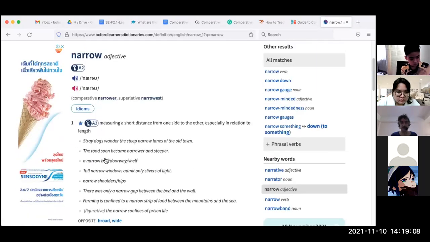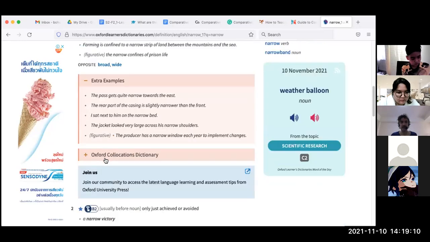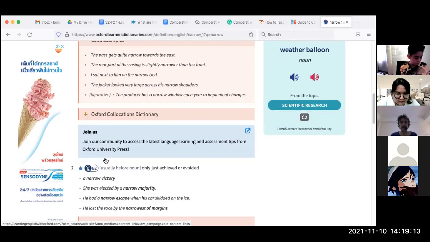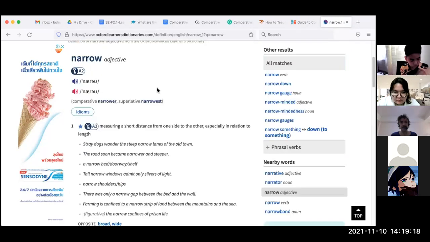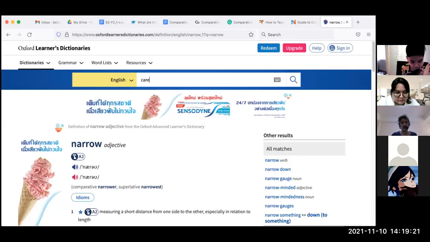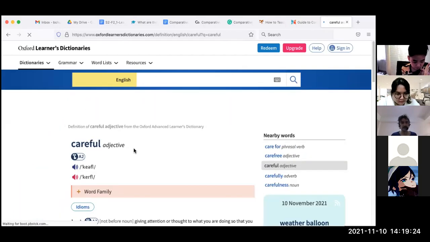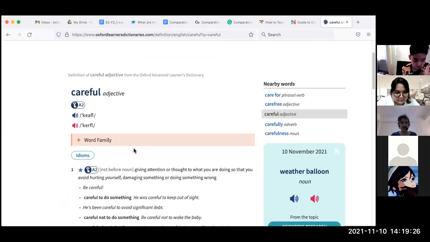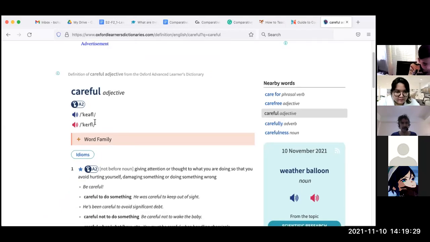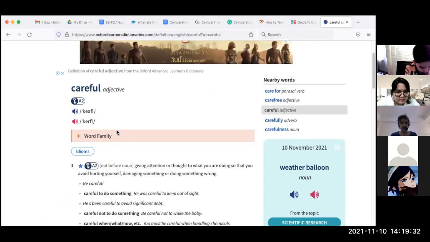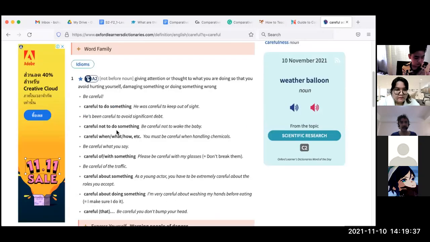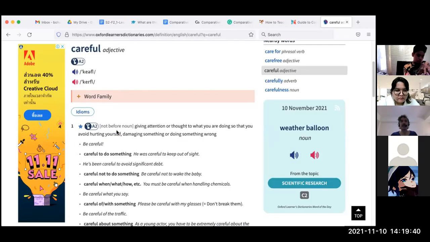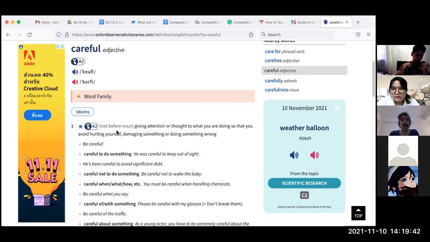So you can use narrower for narrow. But if you have careful as an adjective, you don't have a comparative here, and actually it's always safer to use more careful. So you can use more careful.